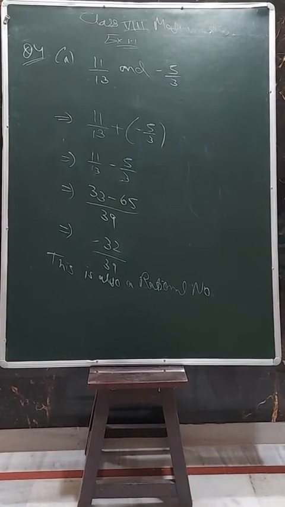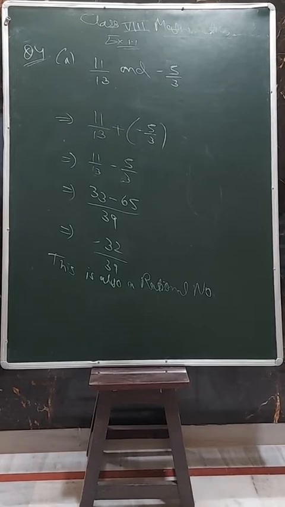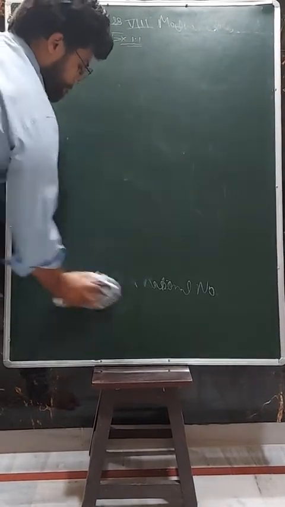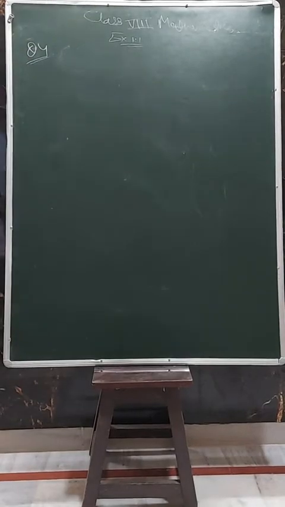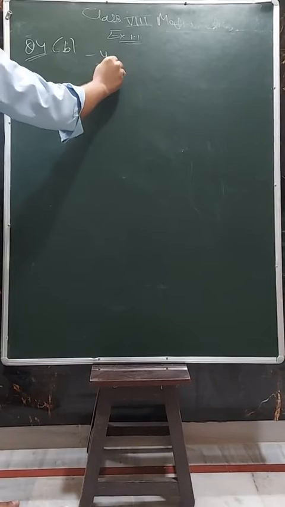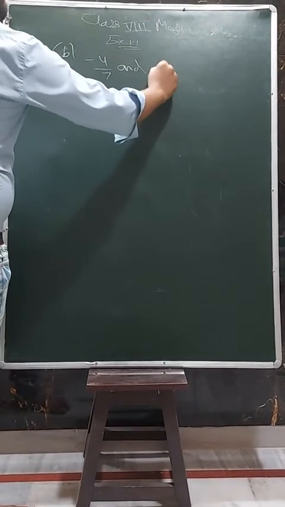Minus 4 upon 7 and minus 2 upon 7. A simple hint I will give to you. Second part, last part of the class. Minus 4 upon 7 and minus 2 upon 7.